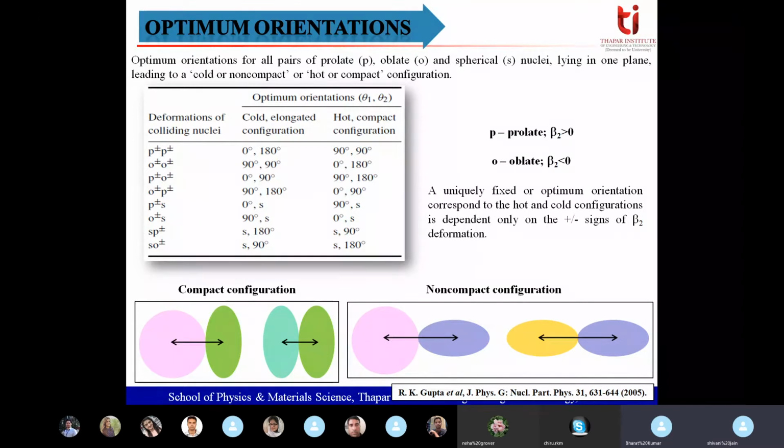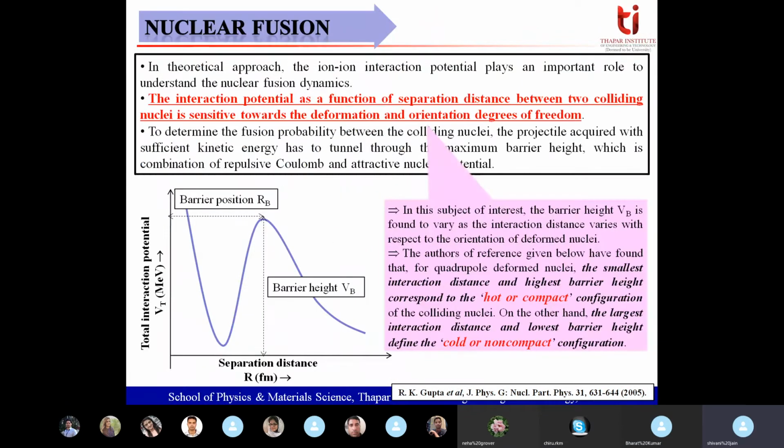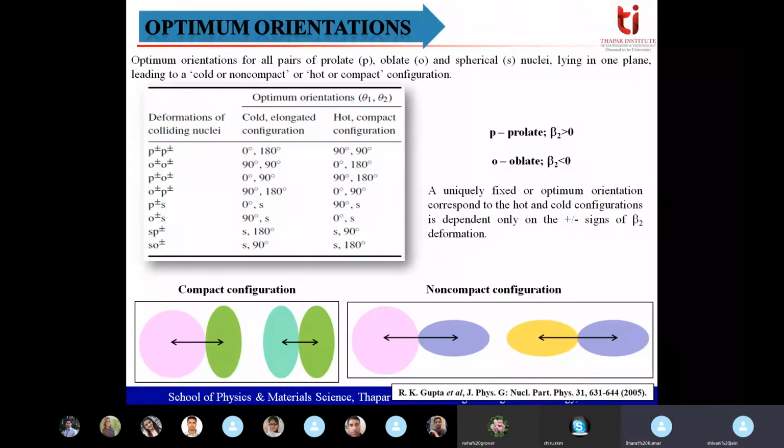Yeah, as long as you are considering quadrupole deformed nuclei, you can say that. But if you follow the definition of compact and non-compact configuration which I told in my earlier slide, for compact configuration there should be the smallest interaction distance, and for non-compact configuration the largest interaction distance. Okay, thanks.